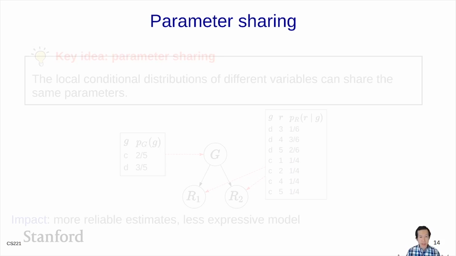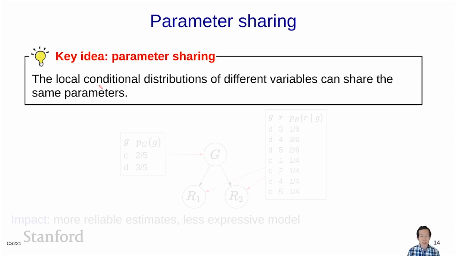So this is an important slide. So the more general idea that I want to highlight is this idea of parameter sharing in Bayesian networks. And this happens when the local conditional distributions over different variables are actually the same. And to be very precise about that, I want you to look at the following picture. So we have G, R1, and R2.